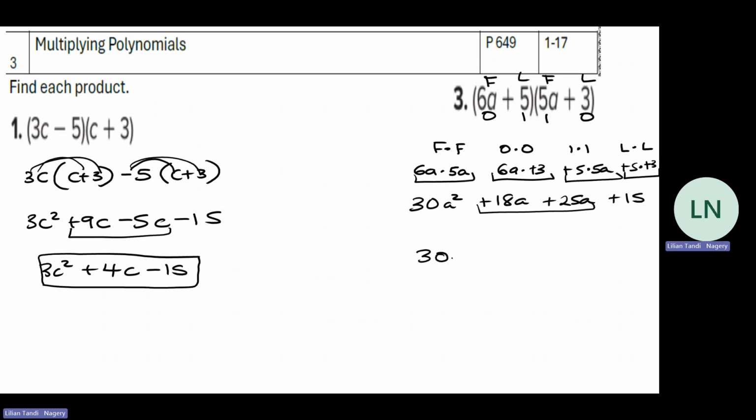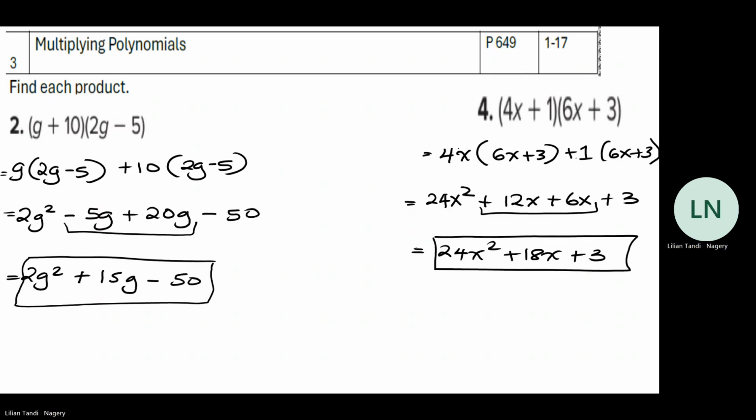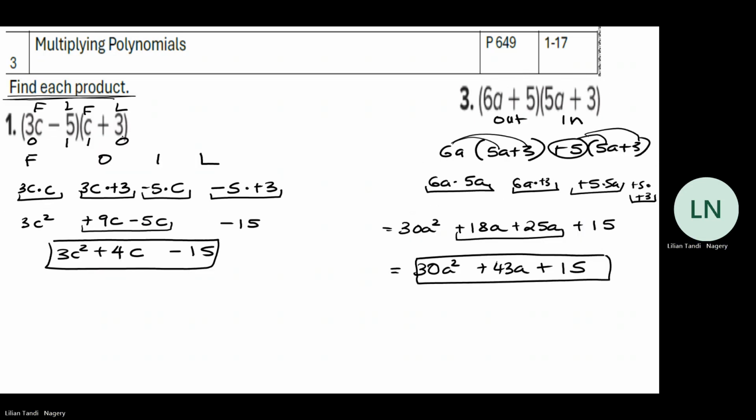Why do I have a feeling I did this already? Plus 43A plus 15. And I box my answer. Yeah, see, I have a feeling I did this. It's right here.